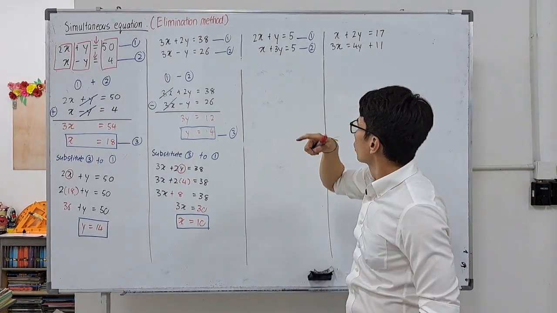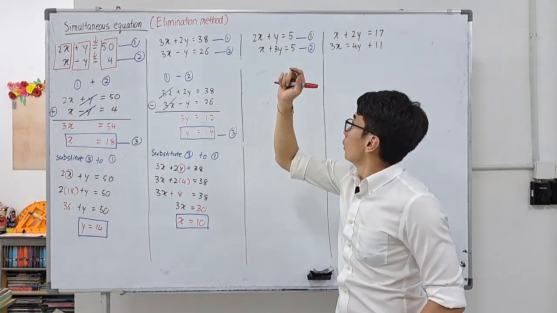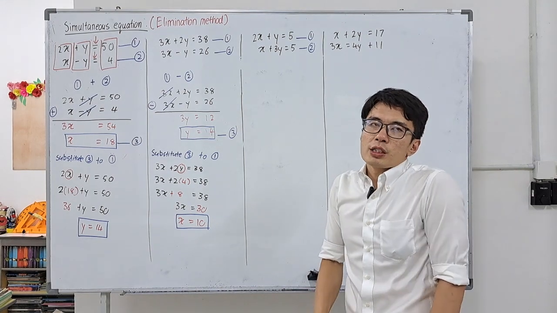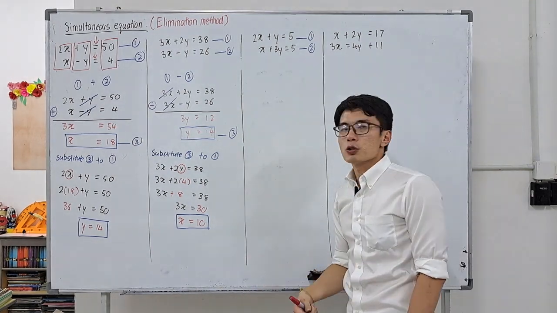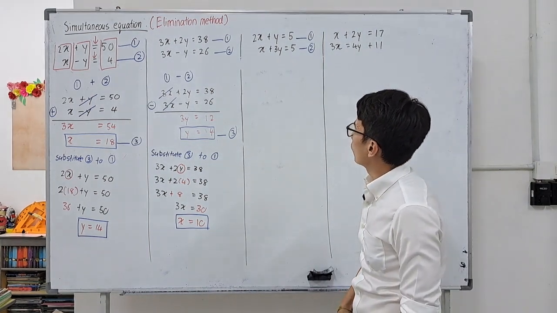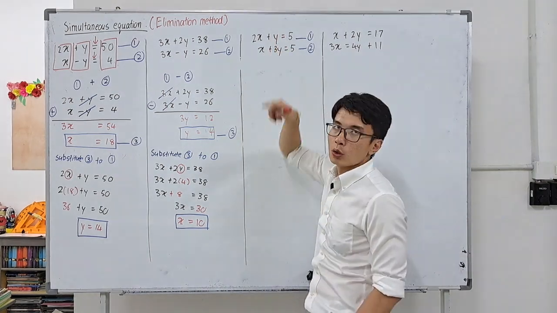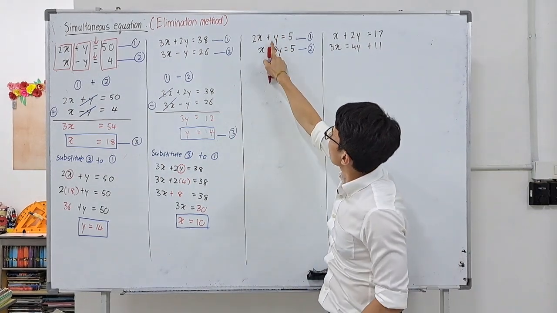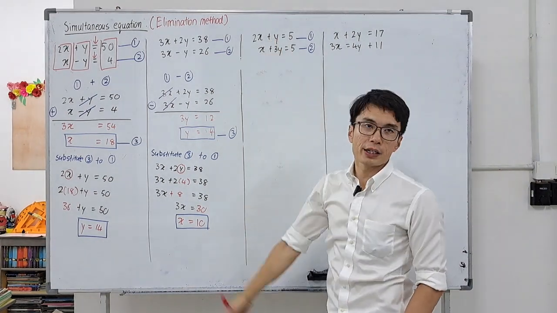So what's going to happen is this. If you notice over here, you ask yourself, which is the unknown you want to eliminate? It can be x, it can be y. You just have to choose one. So let's just say I want to eliminate y over here. For me to eliminate this y, this y has to be 3y, correct or not?